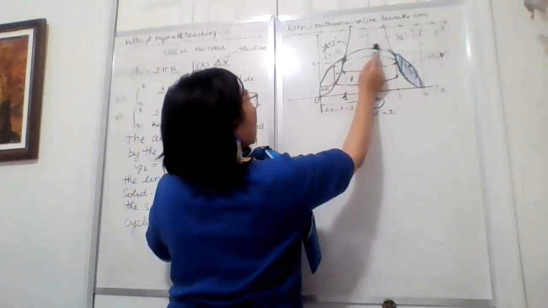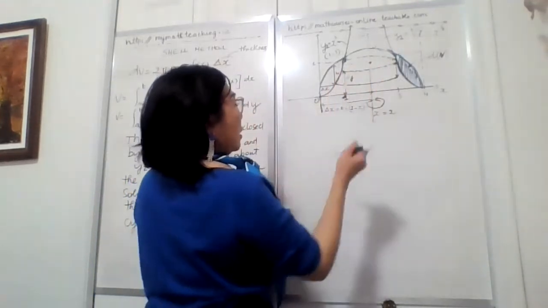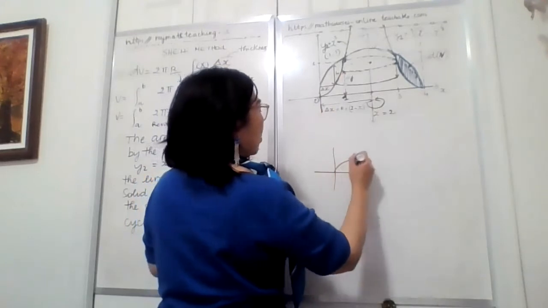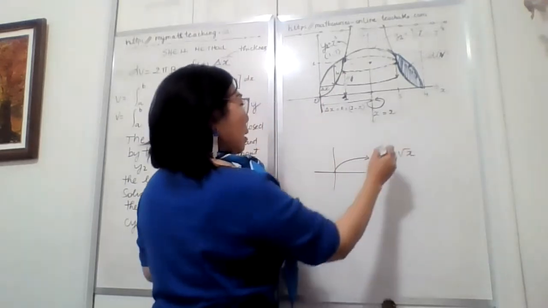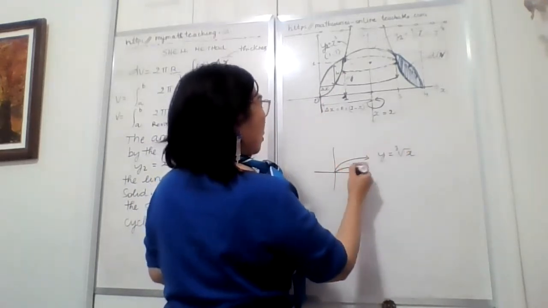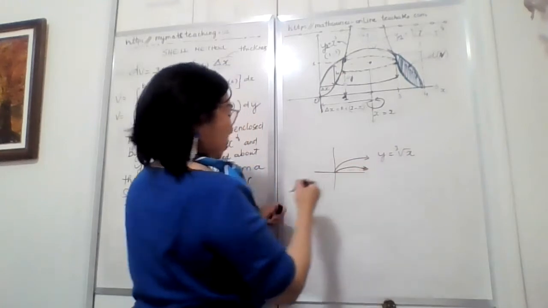So this is the curve, because any root function has a curve that looks like this. This is y equals square root of x. If it's the third root, it will be a little bit lower, but it's the same shape.